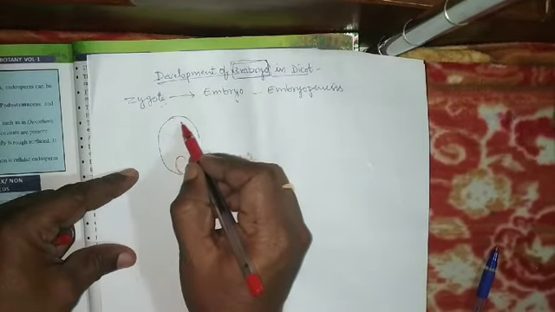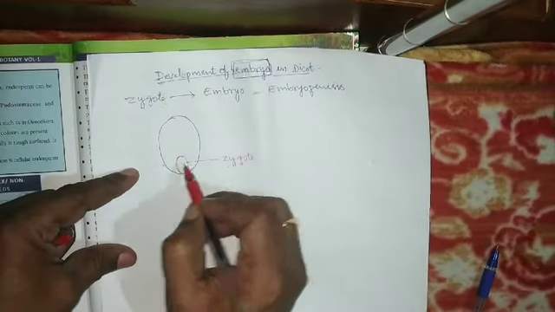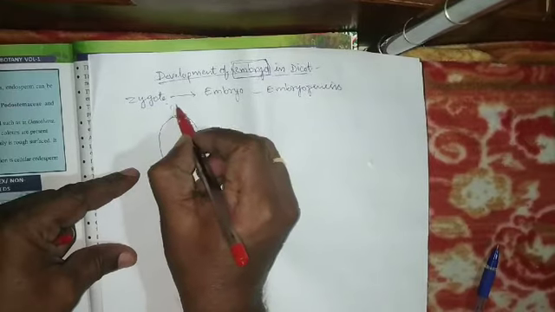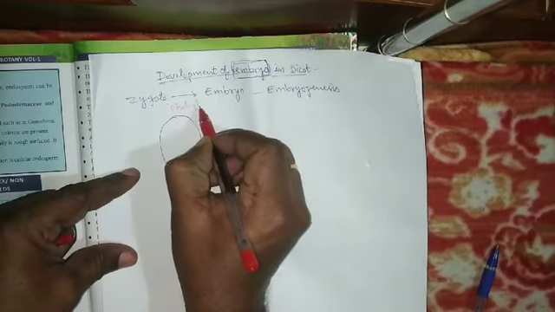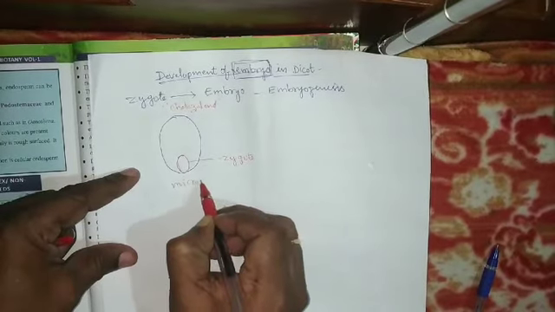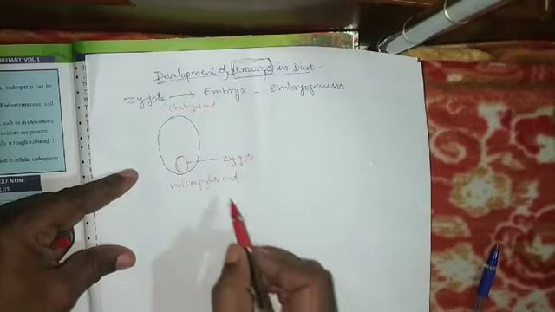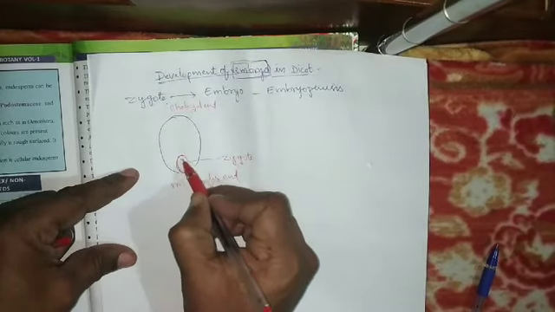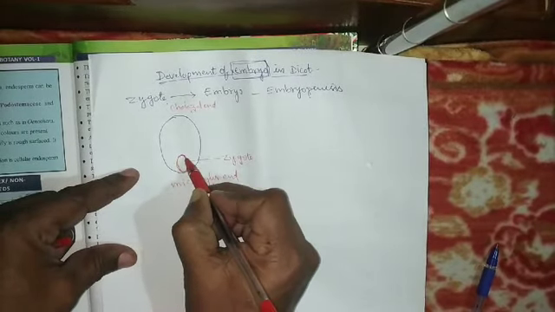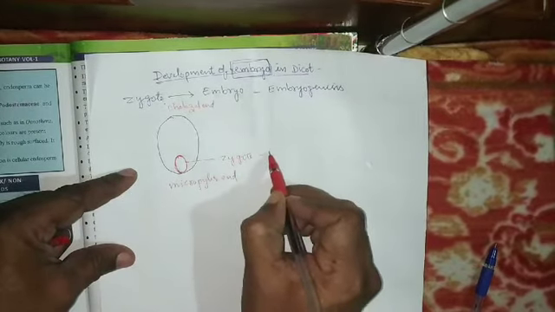Antipodal cells towards the chalazal end and synergids present at the egg apparatus degenerate. This is the chalazal end. This is the micropylar end. Here the zygote is present. This zygote is divided by mitotic division and forms the embryo.